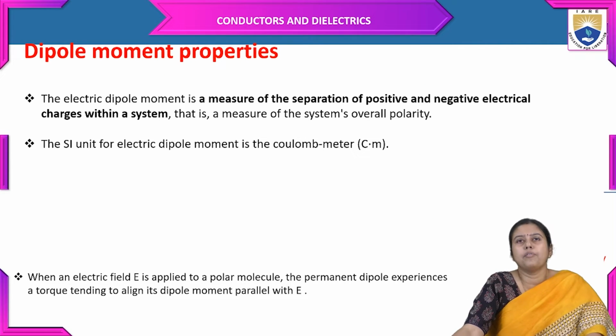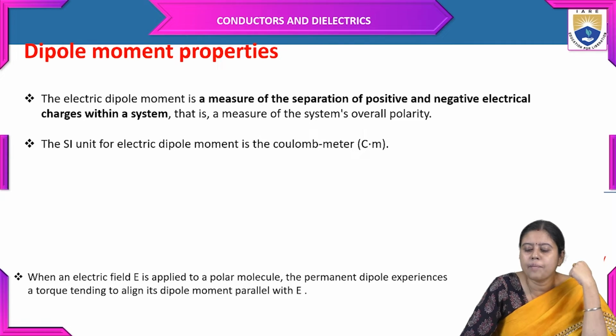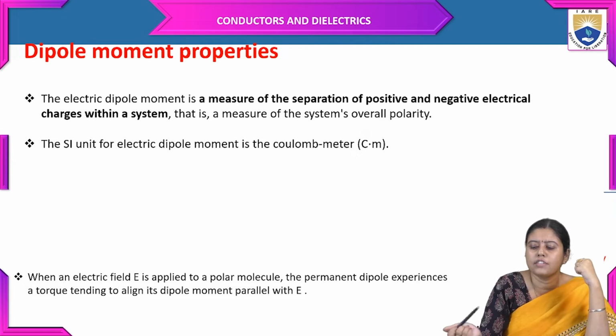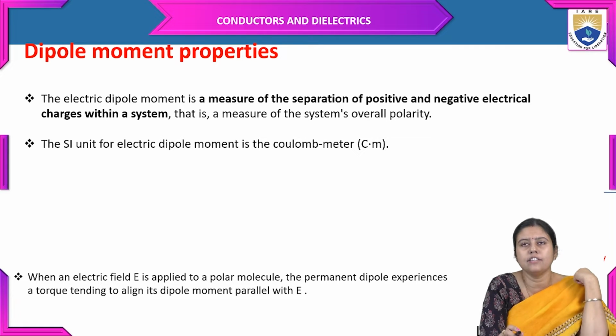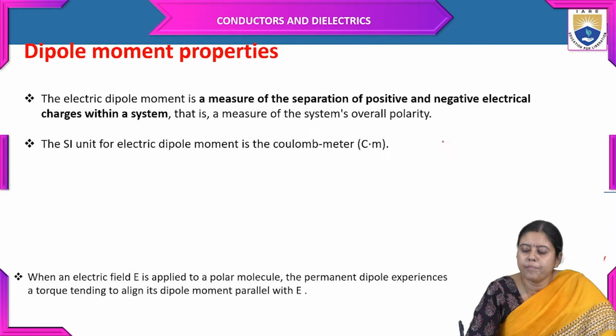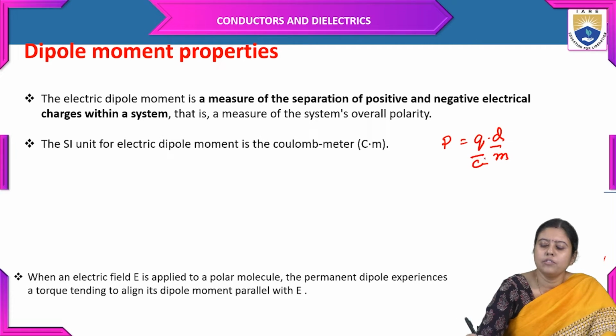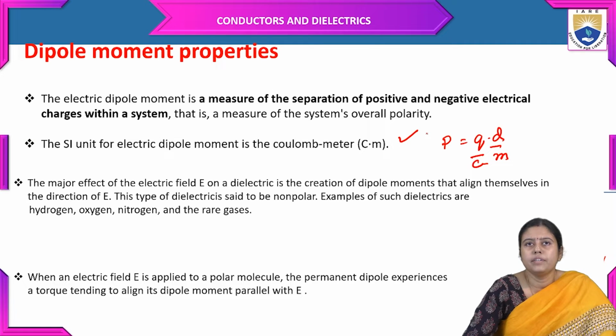So what are the dipole moment properties? The first property is that it is a measure of separation of positive and negative electric charges within the system. The SI unit: P is equal to Q into D. Q is in coulomb, D is in meter, so the unit is coulomb meter.